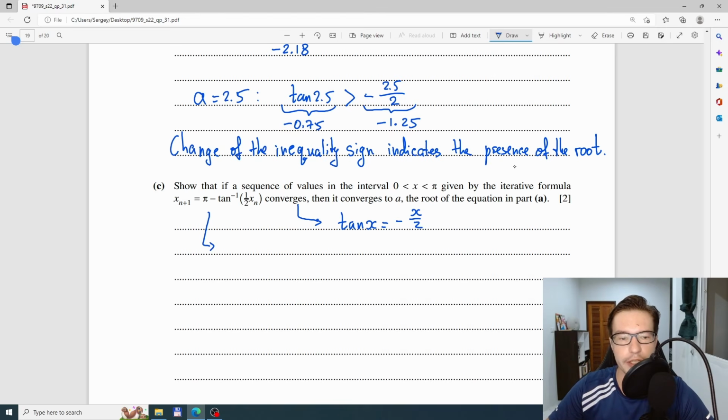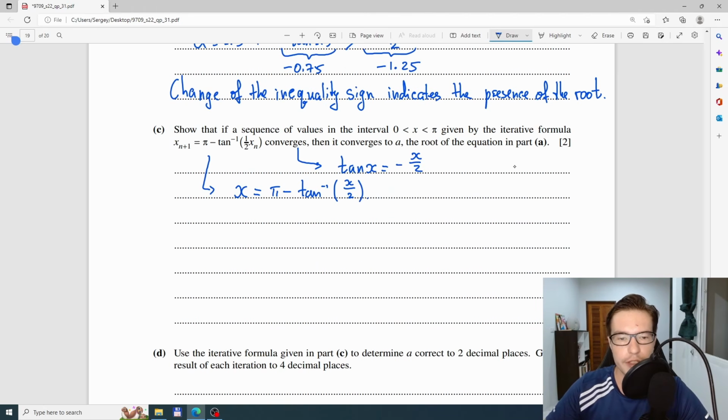Now let's have a look at the formula and just write it as x equals pi minus inverse tangent of x over 2. Now we'll have to rearrange this equation to get tan x equals minus x over 2. Okay, let's move the inverse tangent to the left, and then x to the right.